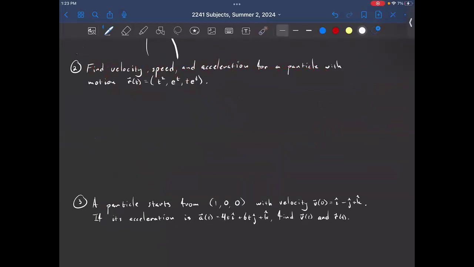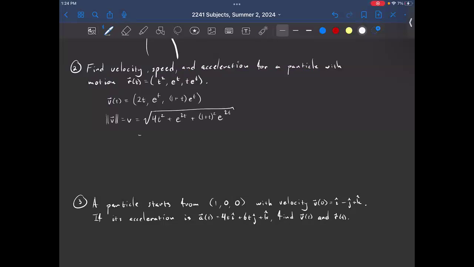We have our position function given already. Our velocity is just going to be the derivative of that. So we need 2t e to the t, and then the derivative of t e to the t is 1 plus t e to the t. Okay, our norm then is the speed, and so that'll be the square root of 4t squared plus e to the 2t plus 1 plus t squared e to the 2t.